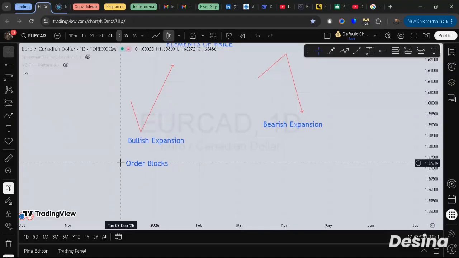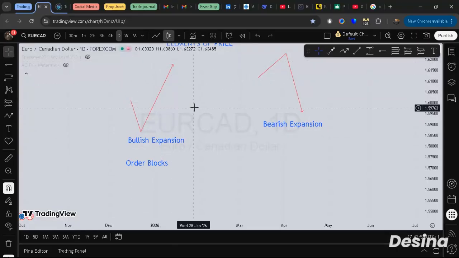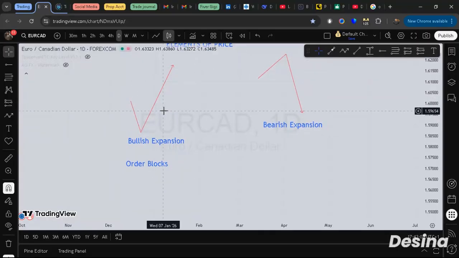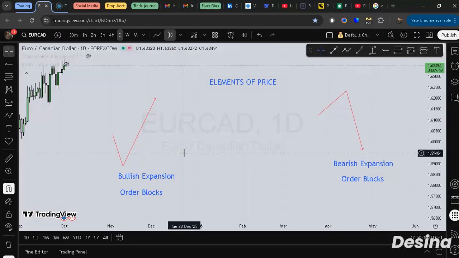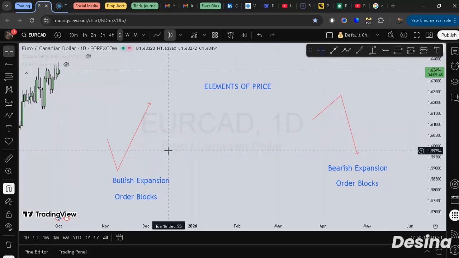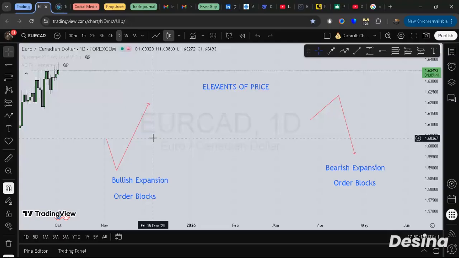And you can easily identify an order block, for example, in a bullish scenario, as the last down candle before the up move. As a trader, you understand we have two types of candlestick, which are the bullish and the bearish.